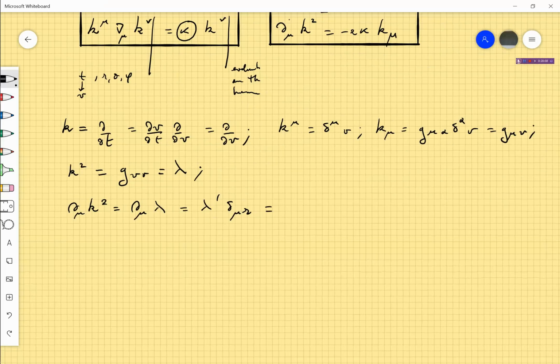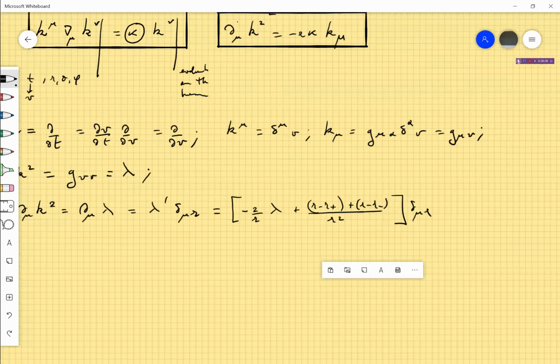Well, if we take the derivative, this will give us, first I take the derivative of the denominator, or 1 over r if you want. This gives me a factor of 2 and an r and a sign, and then I can write it like this, like lambda. And then I take the derivative of the numerator, and this gives me r minus r plus, plus r minus. Okay, delta mu r.